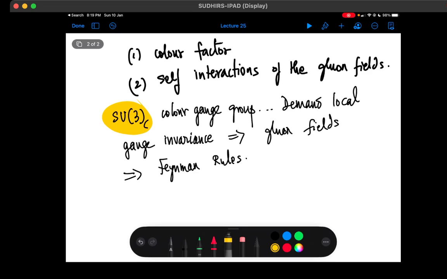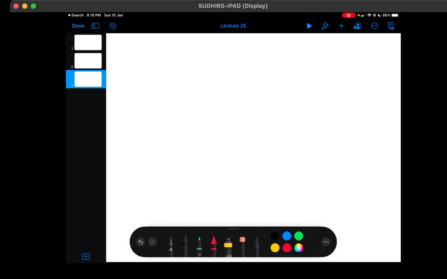So just to revise, without putting in all the factors correctly, remember the main things. There is the quark gluon vertex, which has g_s, the strong coupling constant. There is a color factor here, and there is a color factor in the gluonic vertex.